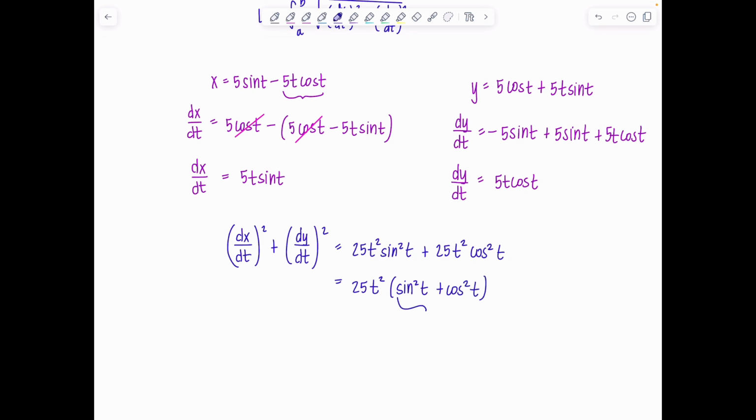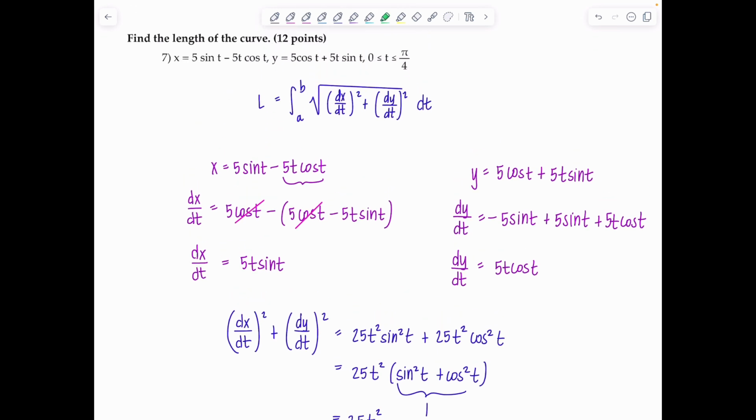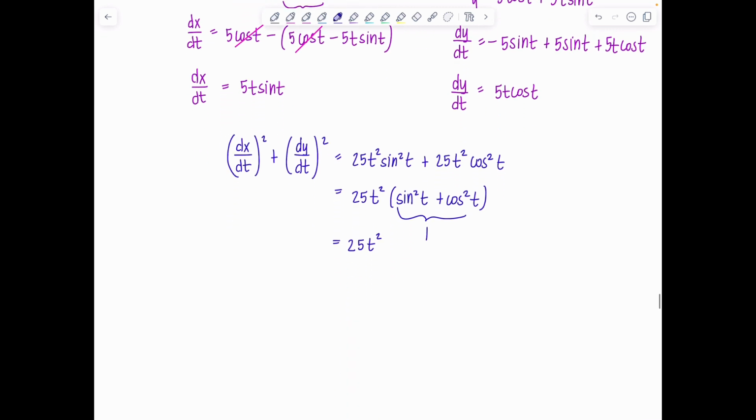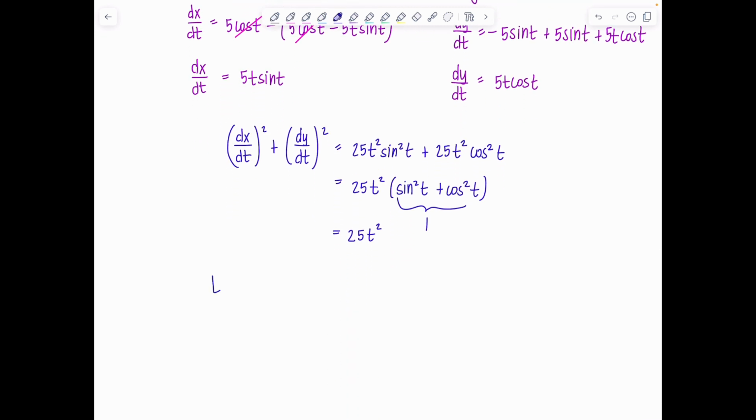Well, what's that? That's just 1, yes. So we only have 25t squared under a radical. Are you kidding me? That's my dream come true. Here we go. Limits of integration are just plain and simple, 0 to pi over 4. Who wrote this problem? They were so kind. So arc length equals integral from 0 to pi over 4 square root of 25t squared dt.